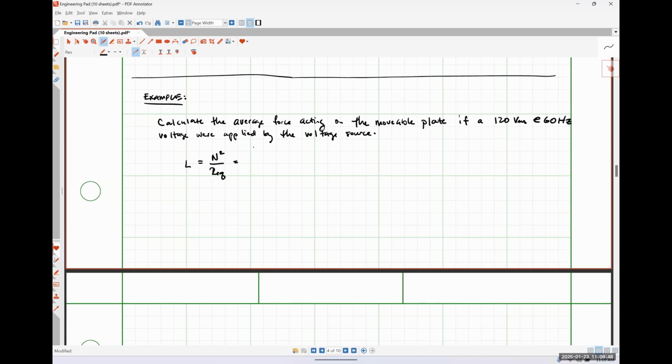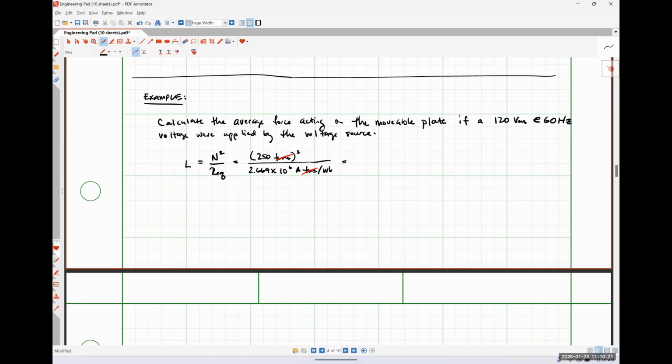So that would be 250 turns squared divided by 2.669 times 10 to the 6th amp turns per Weber. I just want to remind you all that a turn is a dimensionless quantity, so I can literally just throw those away with impunity.